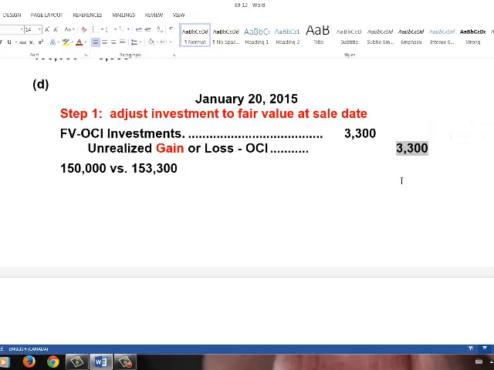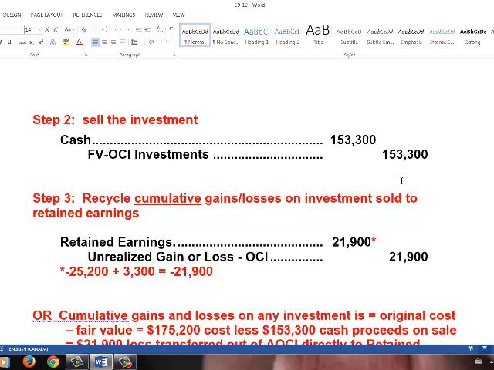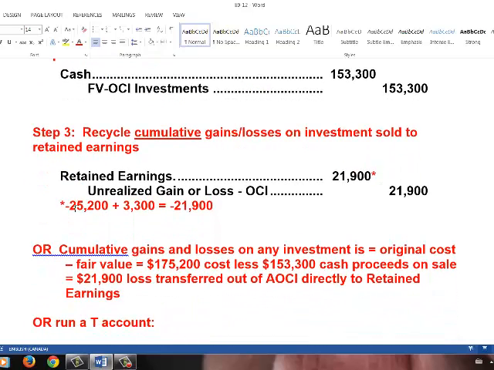But don't forget, you also had in the previous year, 2014, if you look at the question, an unrealized loss on that investment at the end of 2014. So if you check your textbook, you're going to see that the carrying amount of the investment at the end of 2014, before you made your fair value adjustment, was $175,200.